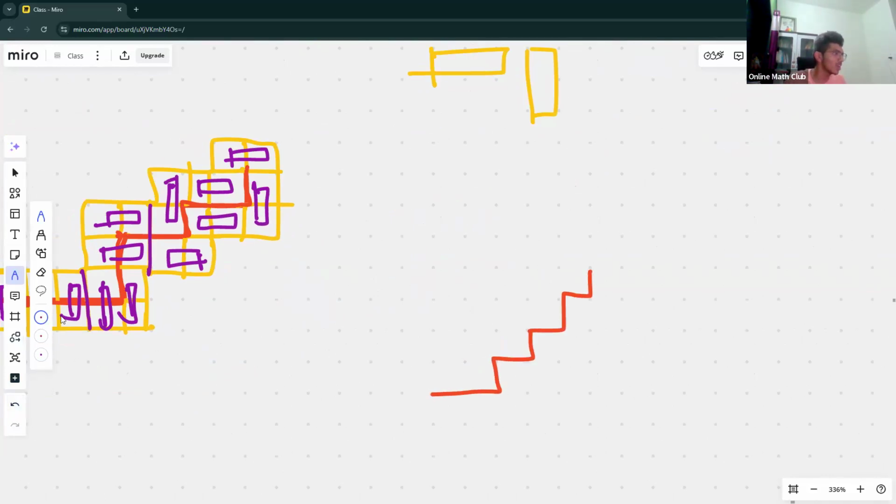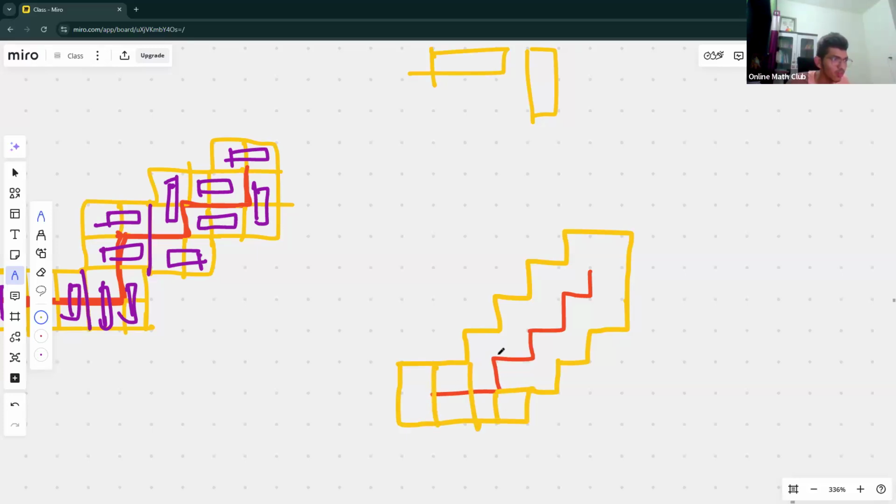So this is the worm. Wow, very smooth. Okay, I hope this looks like a grid.